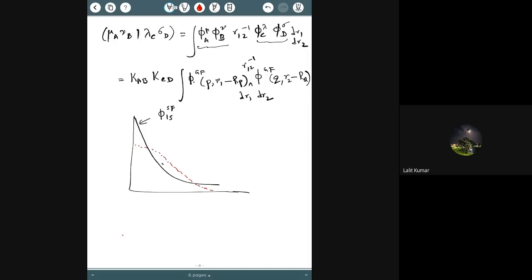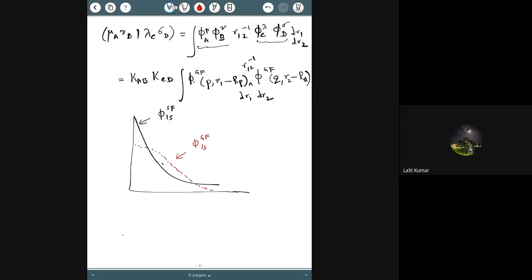Let's say I let my exponent be a variable and I try to find the exponent for the Gaussian such that the difference in the two functions is as close as possible. So we are doing a least square fitting, let's say, with the variable being the exponent of the Gaussian function.